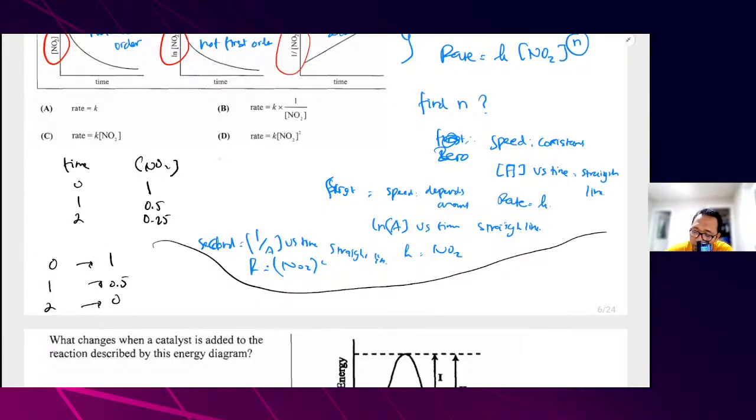So for first order, the time will be 0, 1, 2, and then for the Ln of NO2, it will be 0, minus 0.693, and then minus 1.386. Okay, so this is first order.